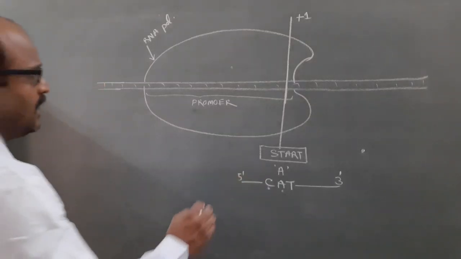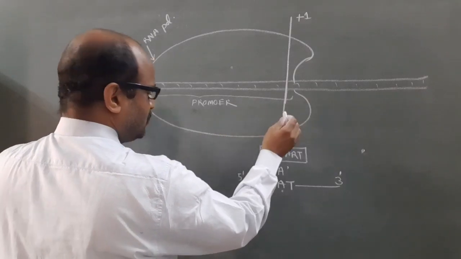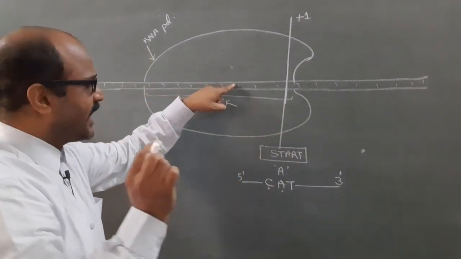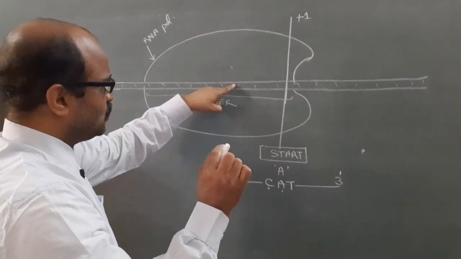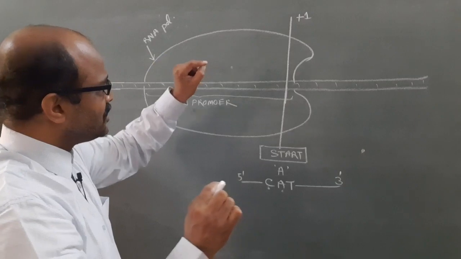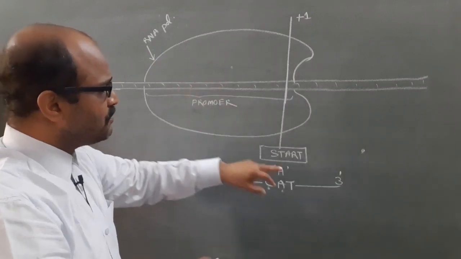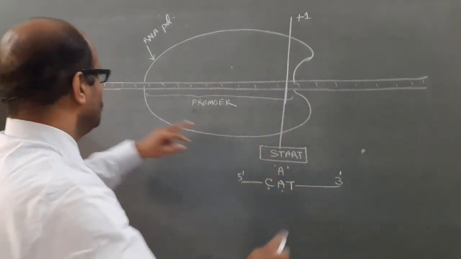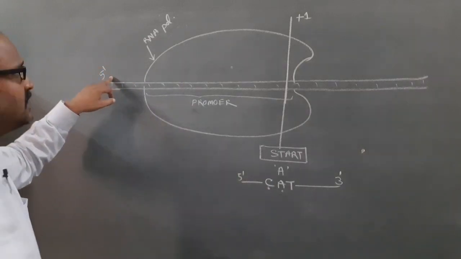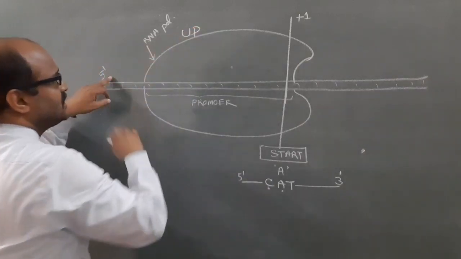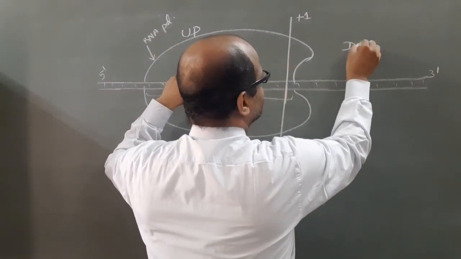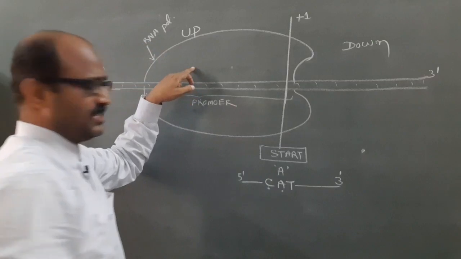Now the 6-nucleotide sequence, or hexameric sequence, is present 6 to 8 nucleotides upstream of the start point. Towards the 5' region of the coding strand is the upstream region, and towards the 3' region of the coding strand is the downstream region.